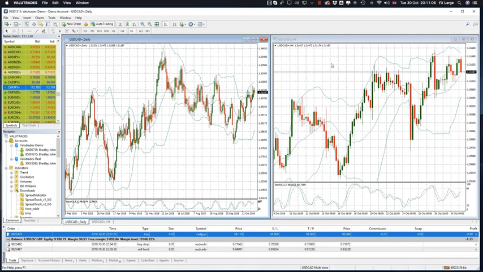One is 4-hour and one is daily. It just so happens by accident that these two had Bollinger Bands and Stochastics on them, but that's the difference. I hope that's clear. So templates are basically saving your groups of indicators and configuration. Profiles are looking at groups of charts.